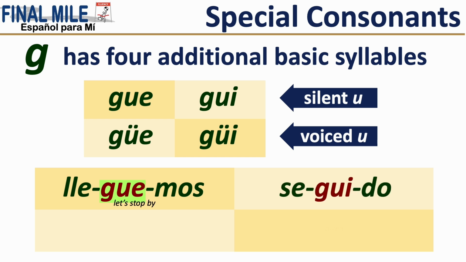Let's try it in words. lleguemos, seguido. Okay, this is interesting, okay? We have to smile twice for the eyes, and that U is not silent. So, did you try it? Bilingüe. Bilingüe.